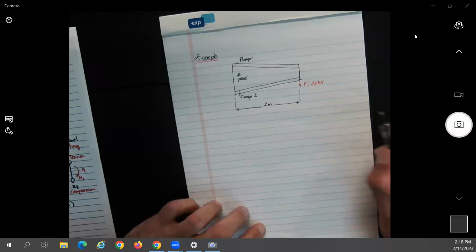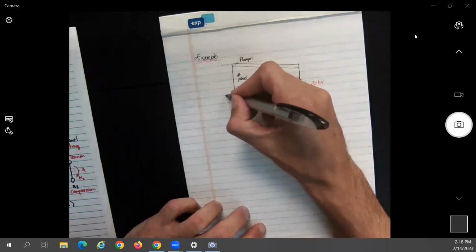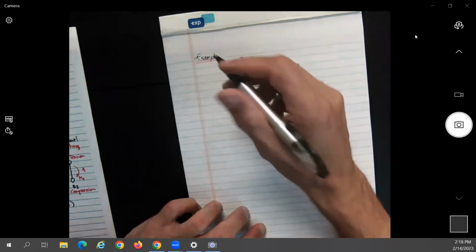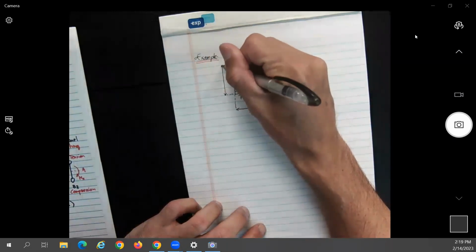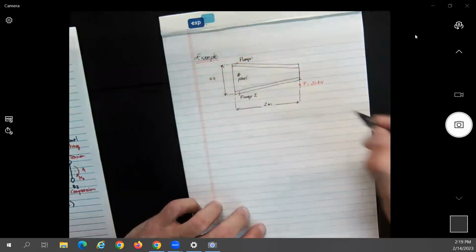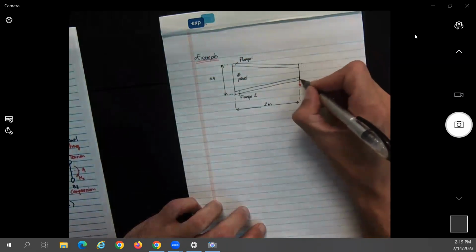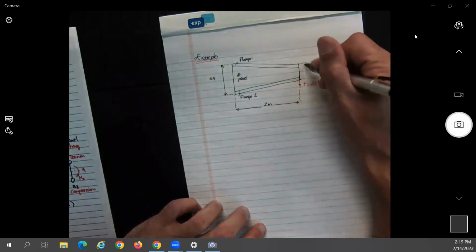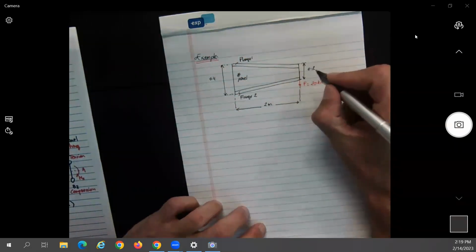Oh, then we have to be careful here. Maybe not, we can change this easily. If you want, at the root over here, it will be 1.4 meters. At the tip, it will be 0.2 meters.